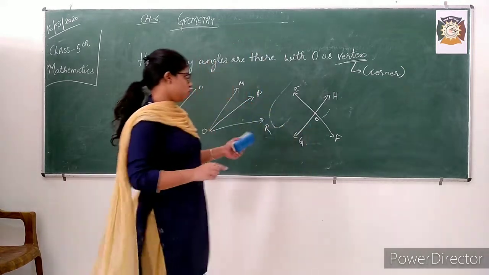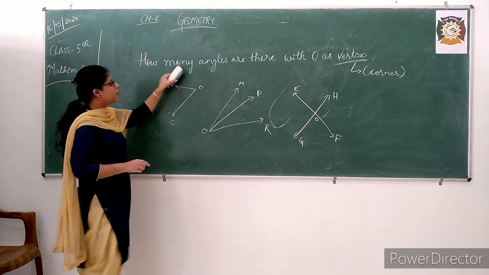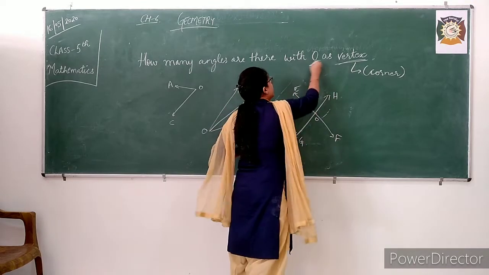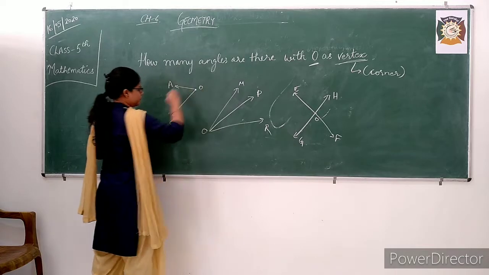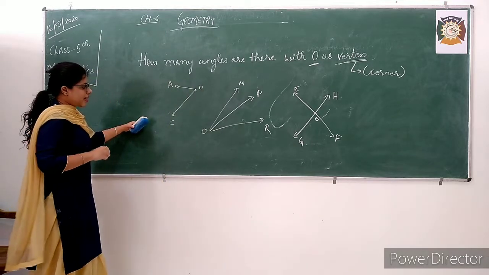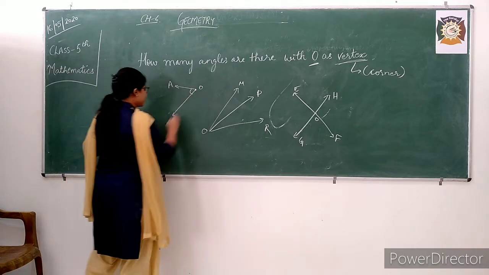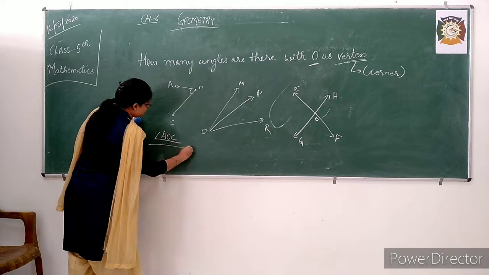So in this question, you have to tell how many angles are there with O as vertex. That is your corner. So let's pick up this corner. In this diagram, simply one angle you can observe, which is angle AOC.